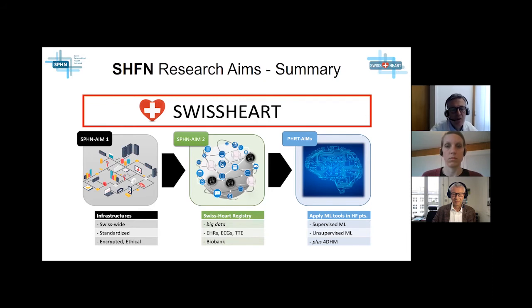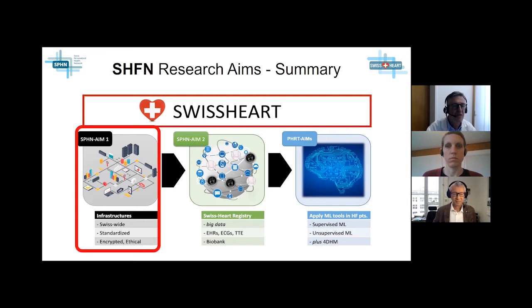We will also, as a second aim, build the Swiss Heart Failure Registry, where we want to collect big data, electronic health records, and collect the raw data of EKGs and transthoracic echocardiograms. The idea was also to build a biobank. And Joachim will detail the PHRT aims, aim 3, applying machine learning tools in these particular patients.